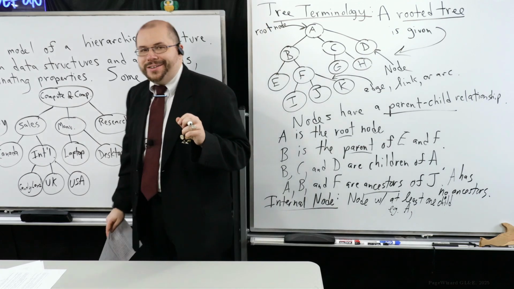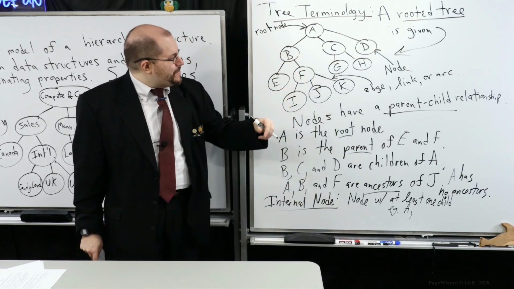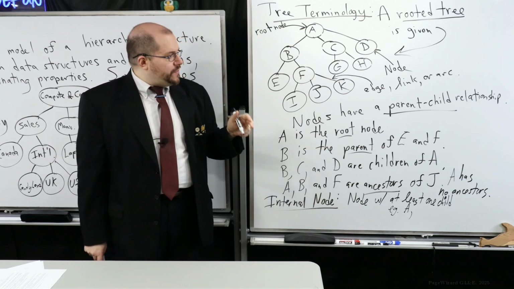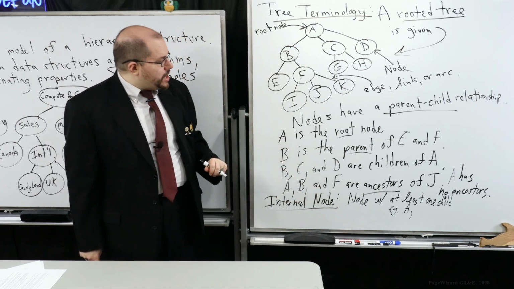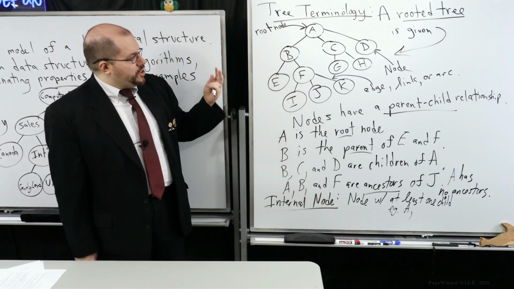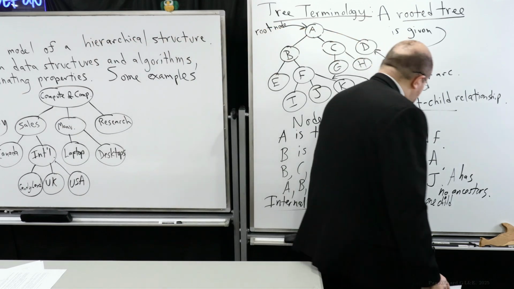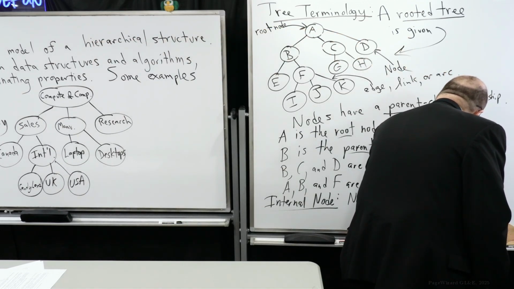In fact, it has 3. It has B, C, and D. Is B an internal node? Well, let's look at the definition. It says there has to be at least one child. Notice that B has 2 children, right? So most certainly it is also an internal node, or is internal.